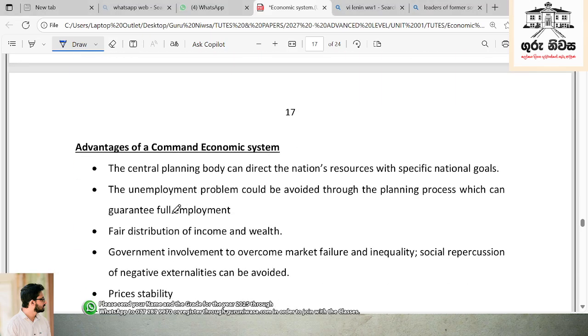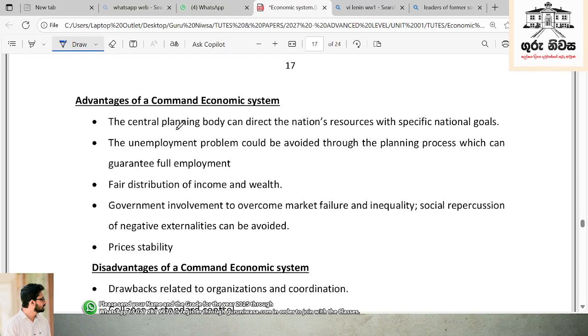Advantages of the command economic system. These are the advantages. No economic system is perfect. Every economic system has advantages and disadvantages. These are the advantages of a command economy.